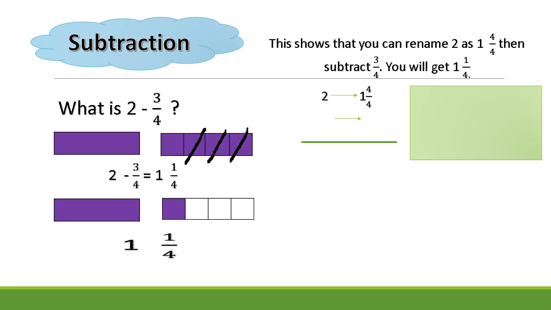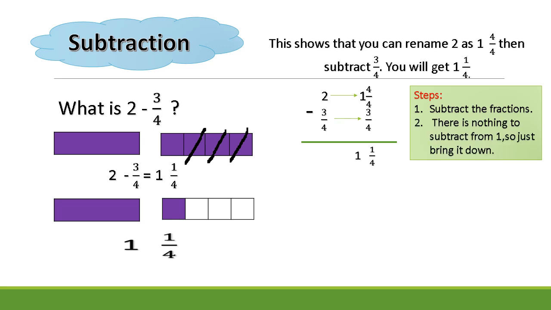Here's the solution. We rename 2 as 1 and 4/4, minus 3/4. Steps. Subtract the fractions. So 4 minus 3 equals 1. Copy the same denominator.